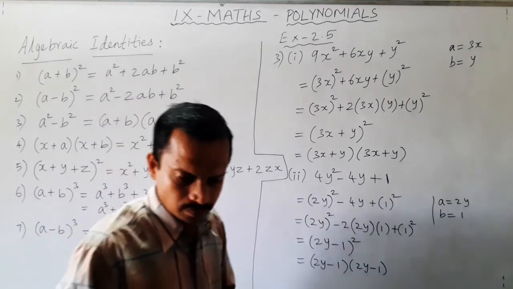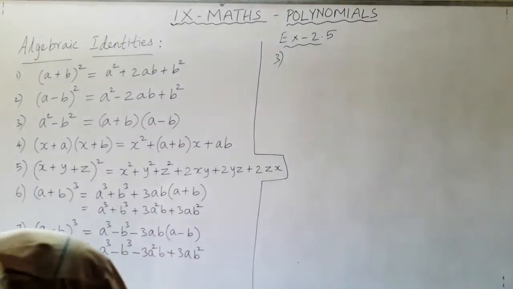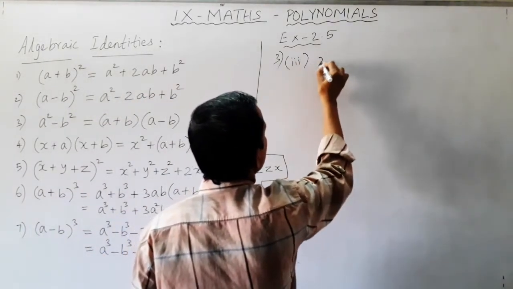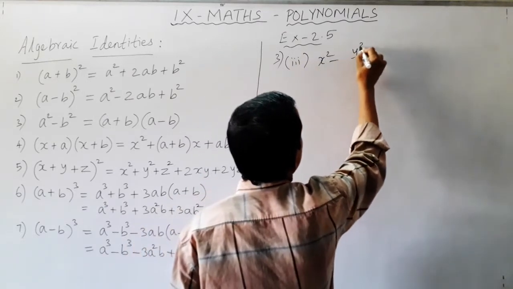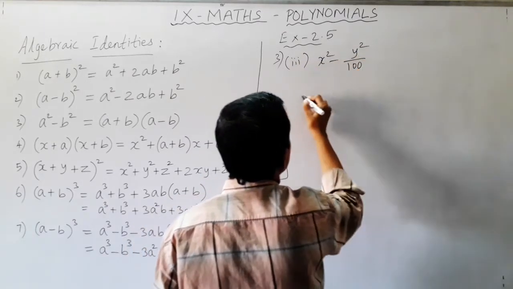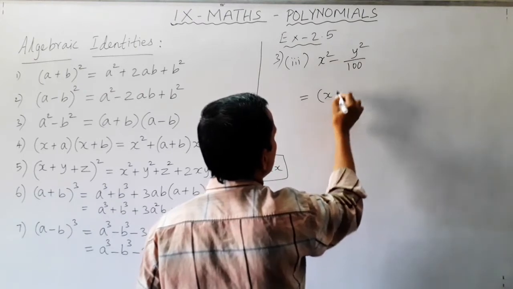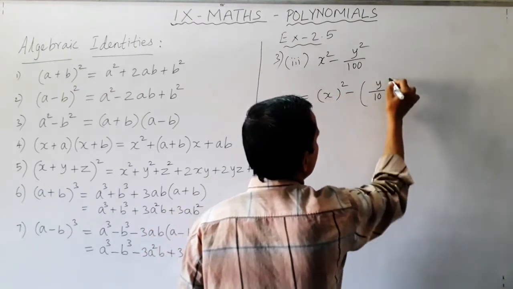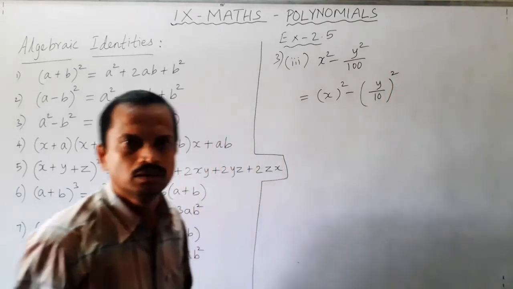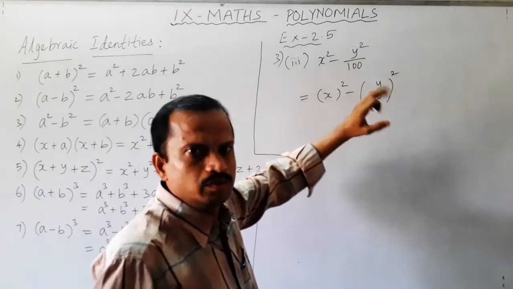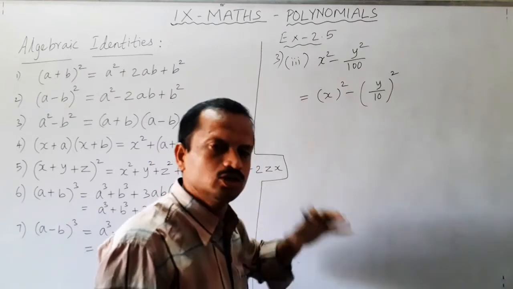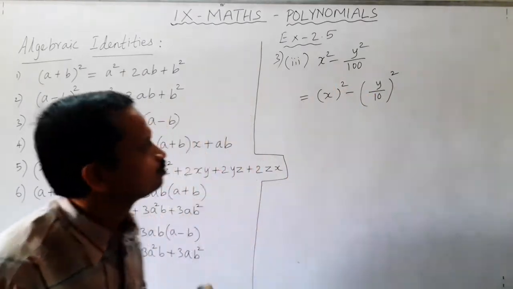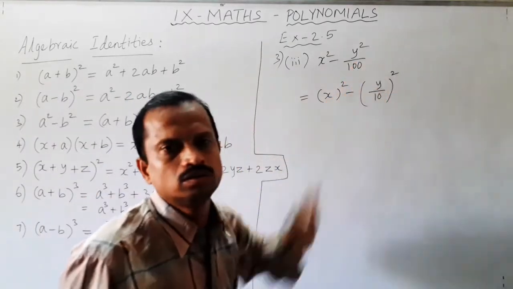Clear, children? Third option is x square minus y square by 100. You see, just we can write this as (x) the whole square and this as (y by 10) the whole square. Can you understand? y square means a square number. 100 is also a perfect square. So, (y by 10) the whole square. So, this is converted to like this.